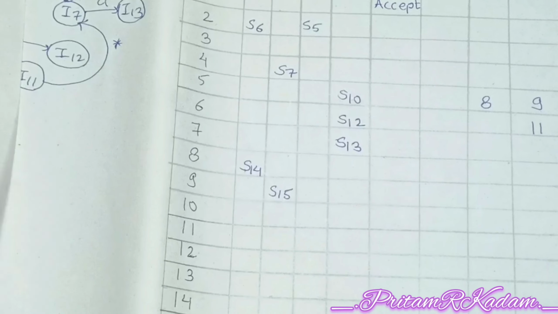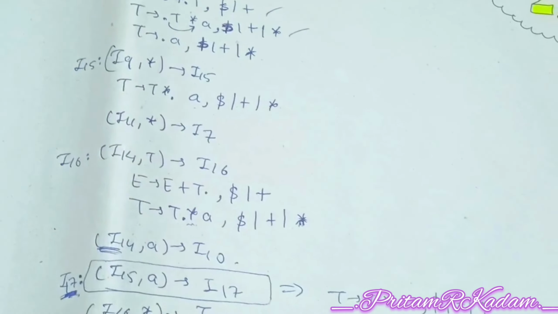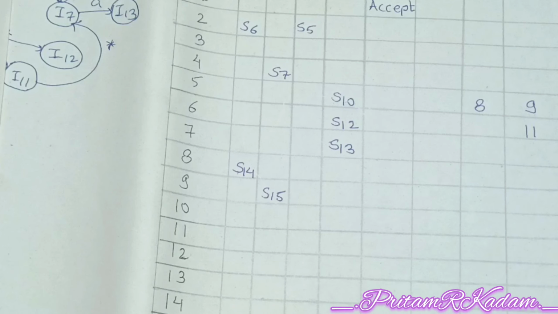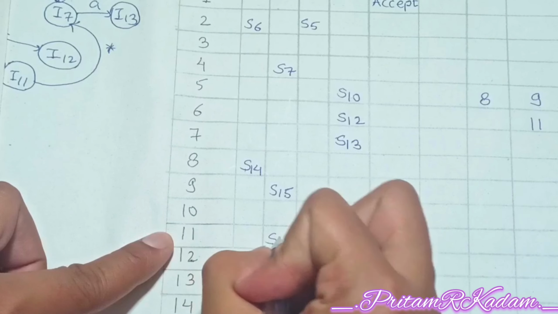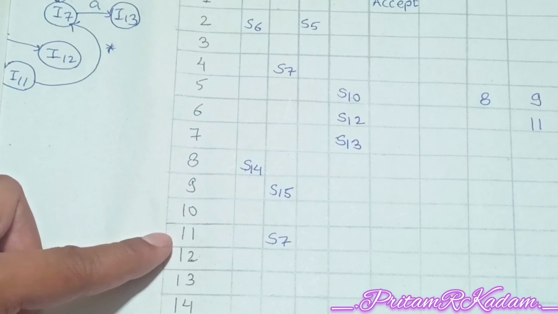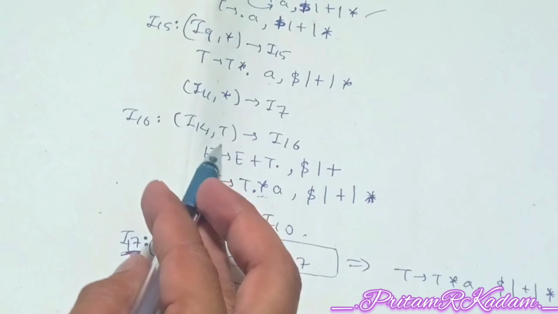We have I11 on star goes to I7. So under star in I11 state, I will write S7. And you are able to see that S7 is also under the I4 star part.